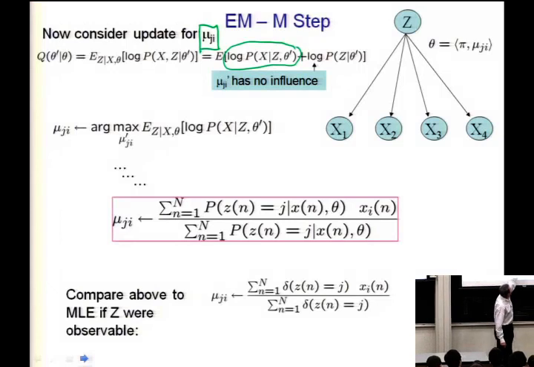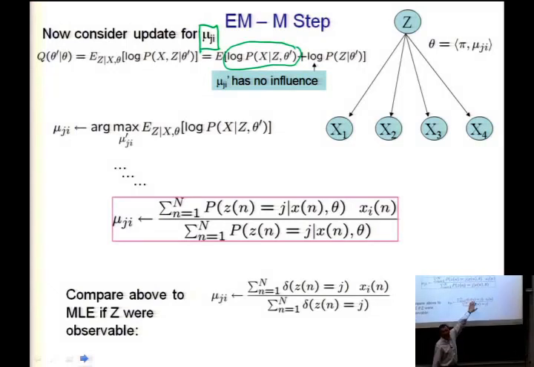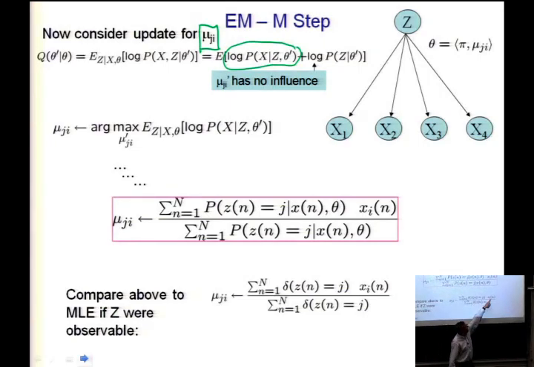It's the sum over all the data points of this indicator function, 1 or 0, depending on whether z takes on the value j, times the actual value of the feature, normalized by the number of data points for which z does take on the value j. Just the sample mean.